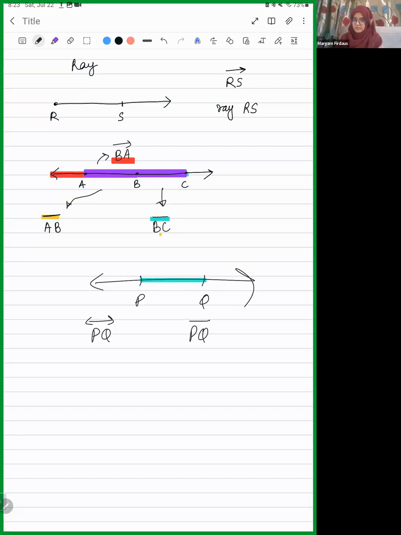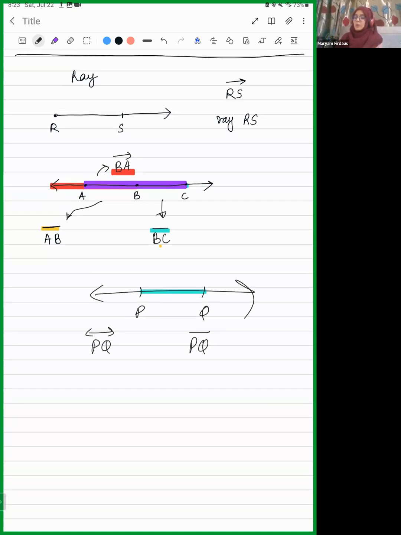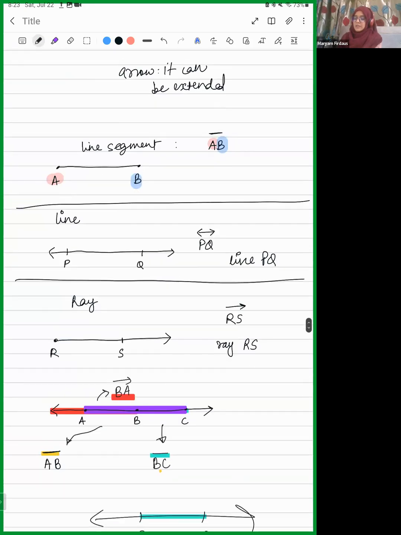Line ABC. Are you sure it's a line? What is the starting point and what is the ending point? It's a line segment. Very good. It's a line segment ABC.